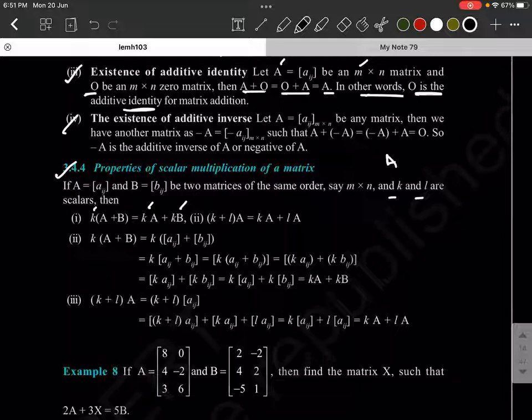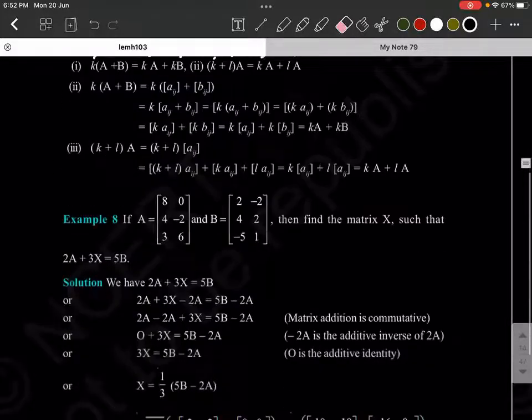Okay. Secondly, if I have K plus L into A, then it is the same as multiplying K with A separately, L with A separately, and adding them. Okay. Similarly, K times A plus B will be equal to, oh, there is a proof. That's it. Okay. And the third one is K plus L into A. It's the same thing again, proof.